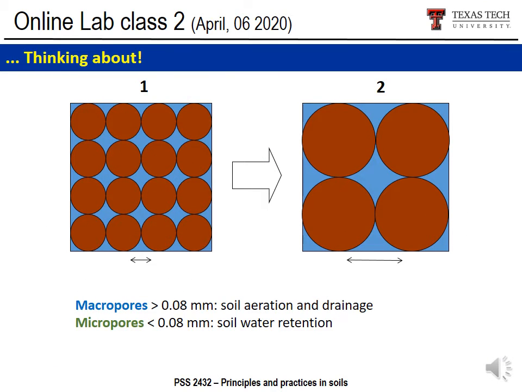Okay, guys, look at this picture and think about it. If you consider the soil bulk volume, the V, like a box, like a cube, for example box 1 or cube 1 and box 2 or cube 2. Look at box 1.